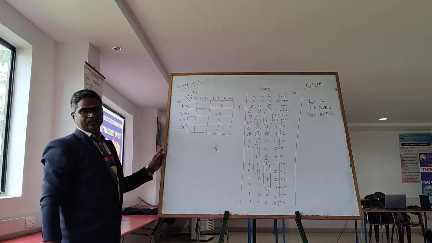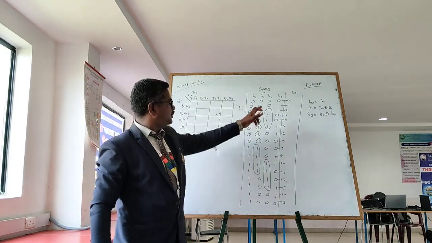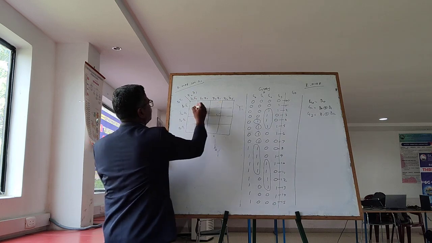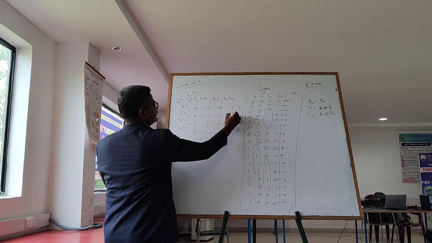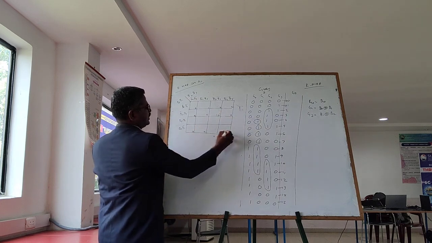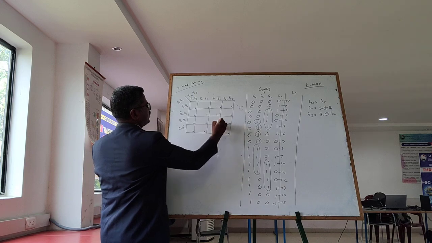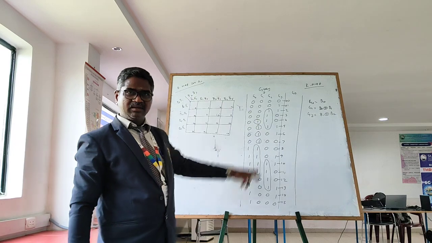Right? So now we are going to design the K-map for G3, where we have to identify the 1s. Now make the numbers 0, 1, 2, 3, 4, 5, 6, 7, 8, 9, 10, 11, 12, 13, 14, 15. Identify where 1 is present in the particular column.